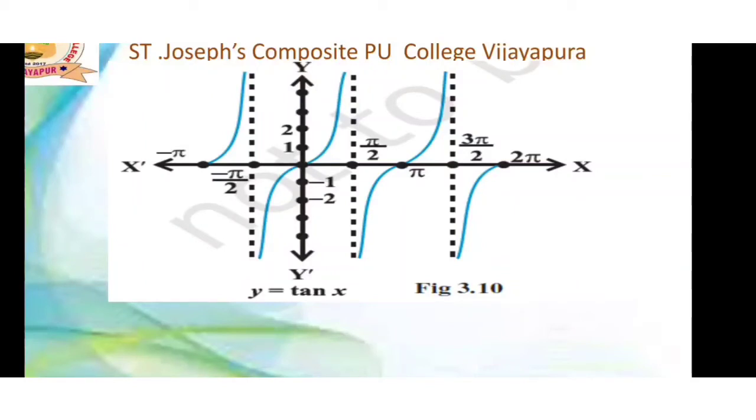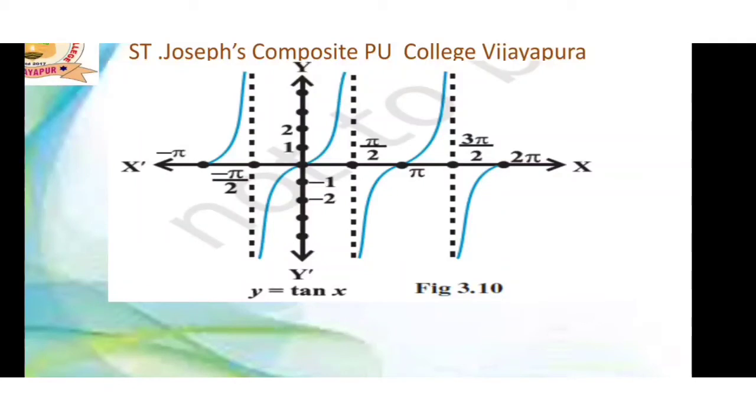When we are putting the values as pi by 2, 3 pi by 2, 5 pi by 2, 7 pi by 2, and so on, we get 0 in the denominator. Something divided by 0 is always infinity. So our tan x function has the domain as all real numbers except (2n plus 1) pi by 2, or odd multiples of pi by 2.